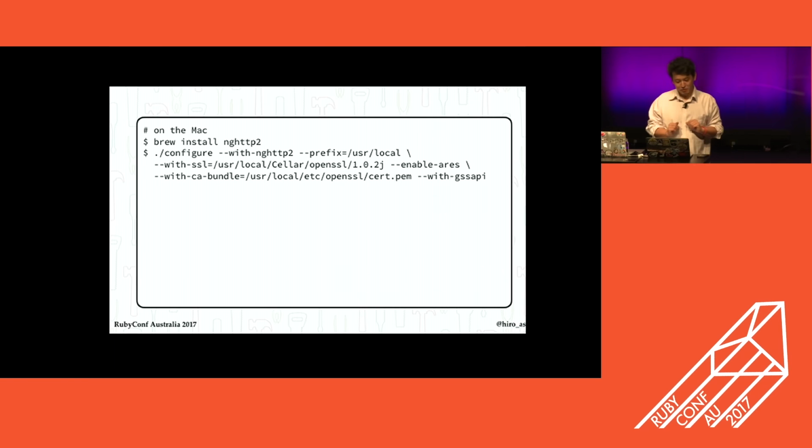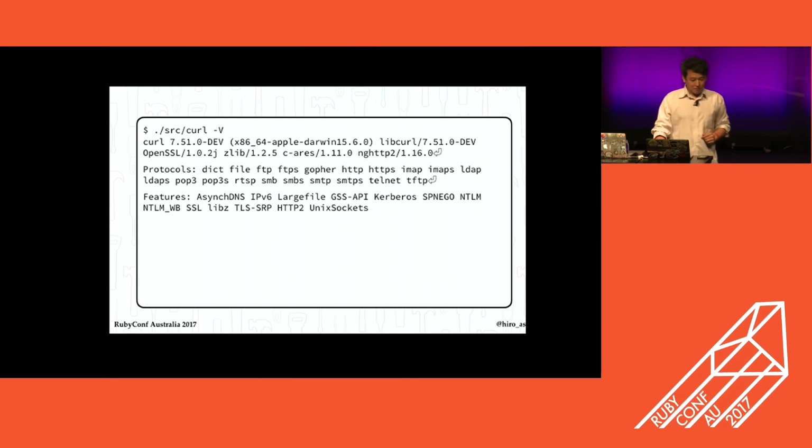If you're using Homebrew like I am, you will install nghttp2 and pass this long configure parameter. Don't worry about that. You don't have to take notes because I have a link of links at the end of the slideshow. If you run it with a capital V, you will notice that HTTP2 is available.